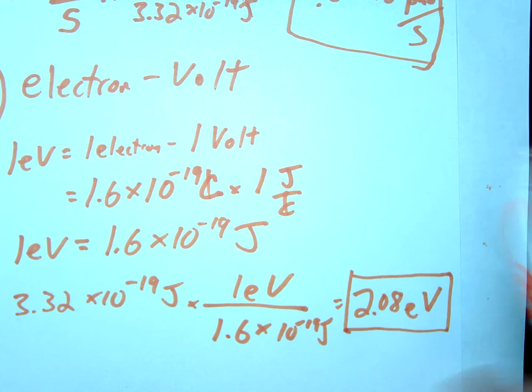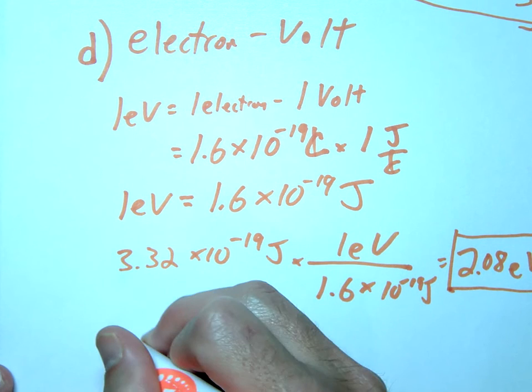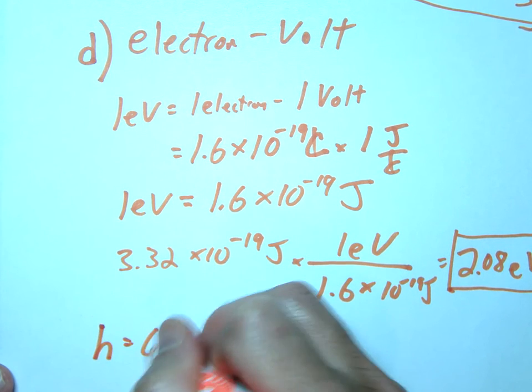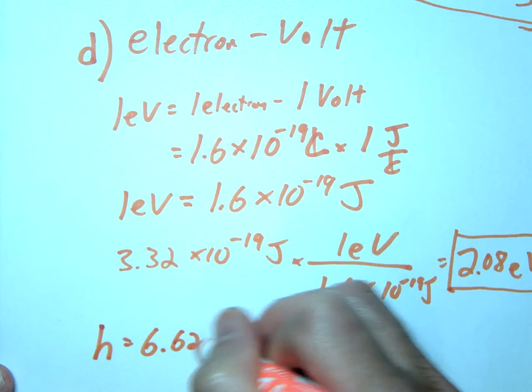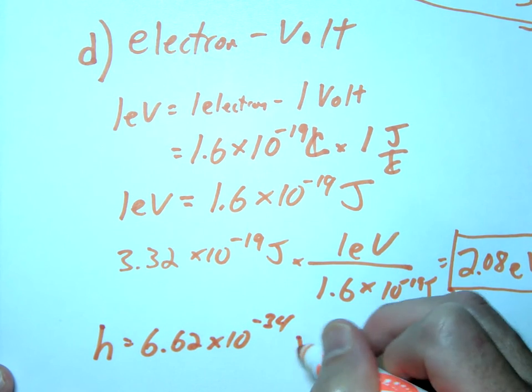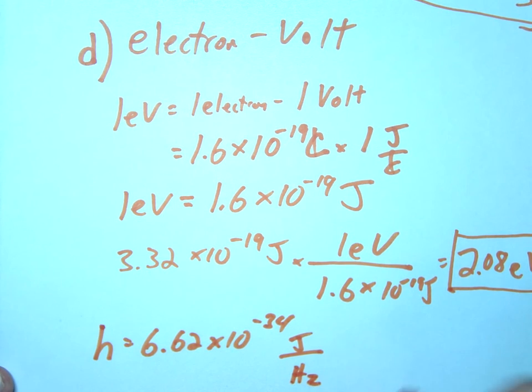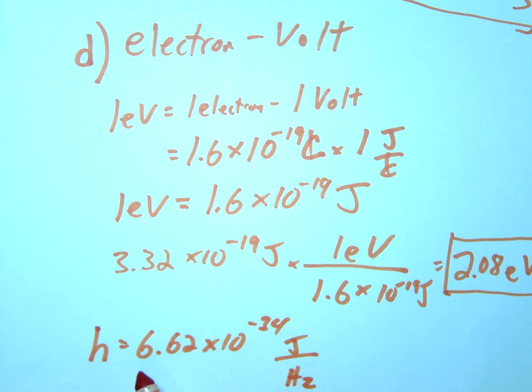Okay. One last thing with this, actually 2 last things. The first thing is our Planck's constant, 6.62 times 10 to the negative 34, and that's joules per hertz. We can also write this in terms of electron volts.